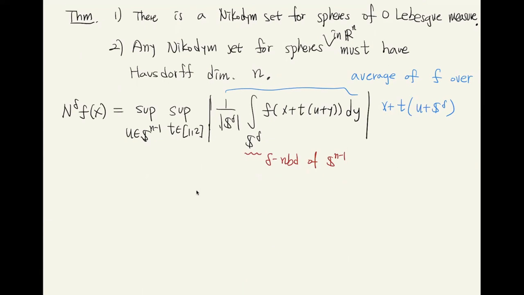When you are given a point X, and let's suppose that U is the unit vector in this direction, then we can consider a unit sphere passing through the point X, centered at X plus U. So this sphere is X plus U plus S^{n-1}.